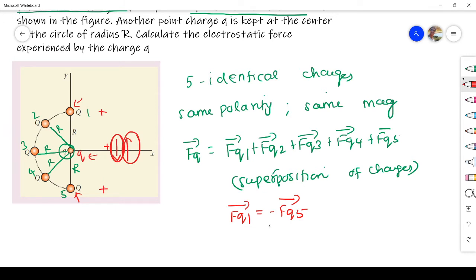So Fq1 is equal to minus Fq5. If you substitute minus Fq5 here, these two will be cancelled. So this will be 0. So the contribution of force from charges Q1 and Q5 is 0. So I have to find Fq2, Fq3, Fq4 only.